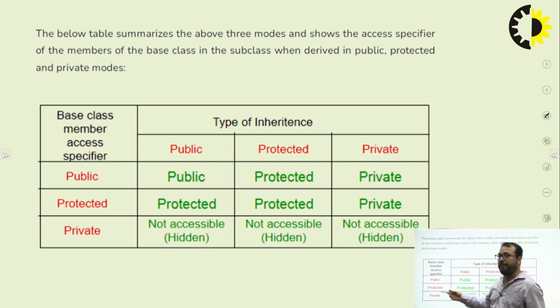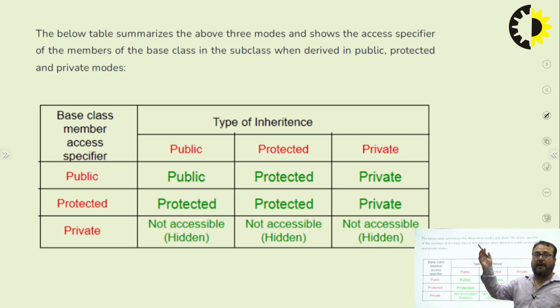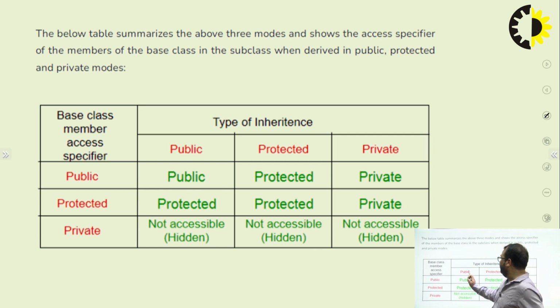Now suppose the derived class derives the base class in private mode. Then even public members become private. They are not accessible by the object of that class. Protected is also not accessible, and private also not, because they become private members of the derived class.